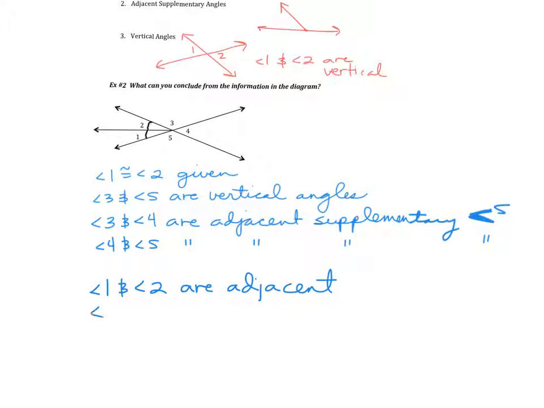I can also say angle 2 and angle 3 are adjacent, and so on and so forth. 3 and 4, 4 and 5, and 5 and 1. Okay, so all of those would be considered adjacent angles. Any questions on that? All right.